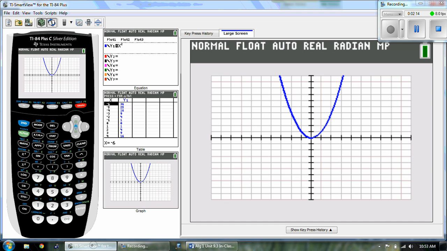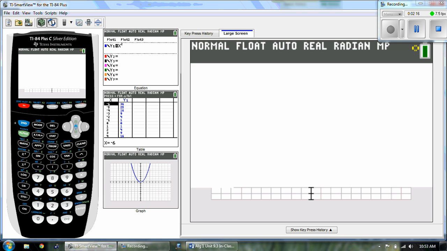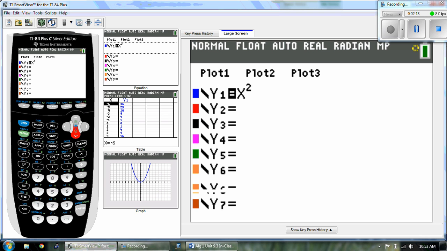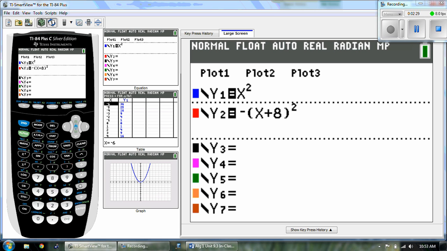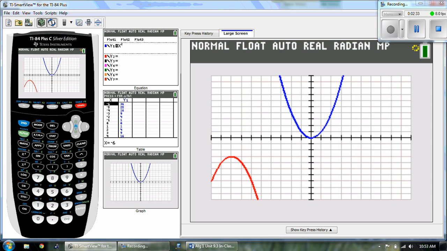Now, once again, if you don't believe Mr. Grice, here we go. I'm going to plug in that equation for y2. We have negative in parentheses x plus 8 quantity squared minus 3. So now this graph is going to come in red. You can tell that it moved 1, 2, 3, 4, 5, 6, 7, 8 spots to the left and then 3 spots down.